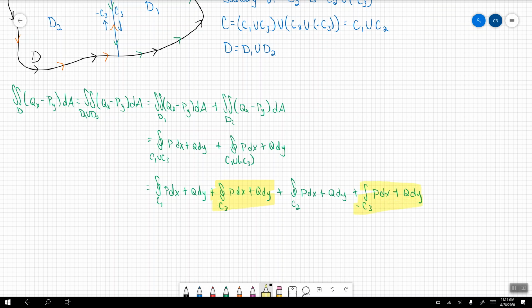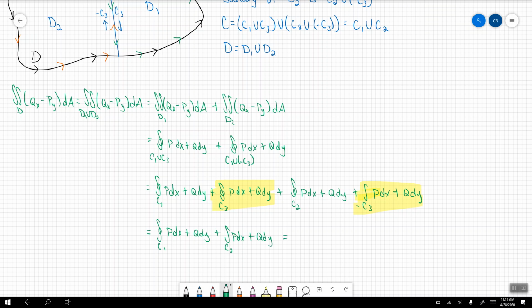In other words, they're opposites, so they're going to cancel each other out. So if that's the case, aren't we just left with the integral for C1, which is just P dx plus Q dy, plus the integral for C2, which is just P dx plus Q dy?